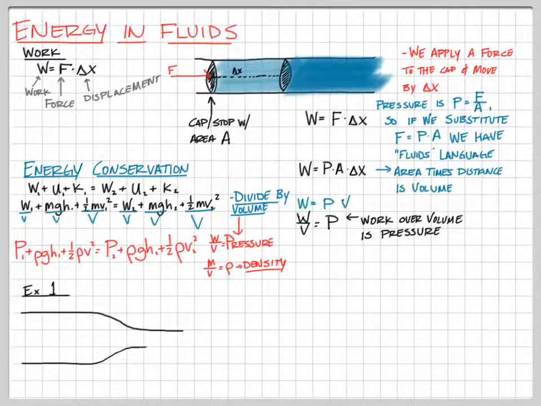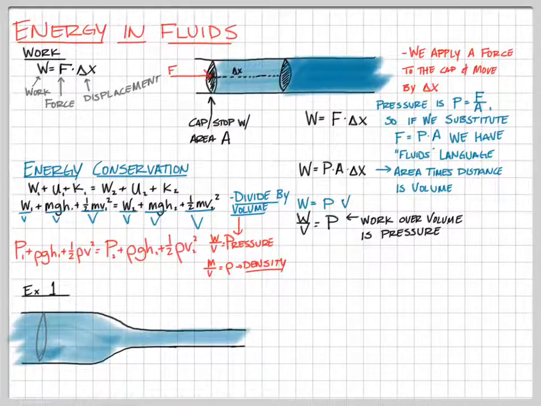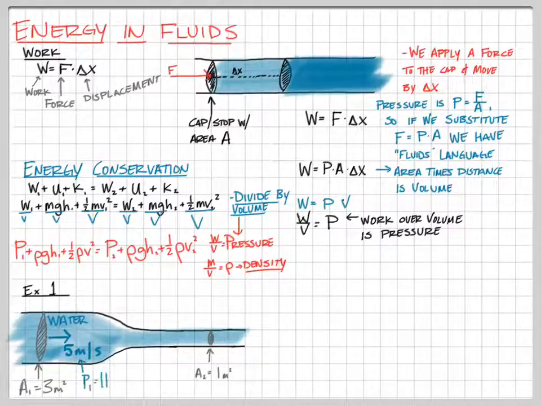So let's just look at an example of what we can do with this. I got a pipe. Pipe is full of our water, just like before. And we have area 1 here that's 3 meters squared, area 2 that is 1 meter squared. It's going at 5 meters per second there, and it has a pressure of 110,000 pascals.